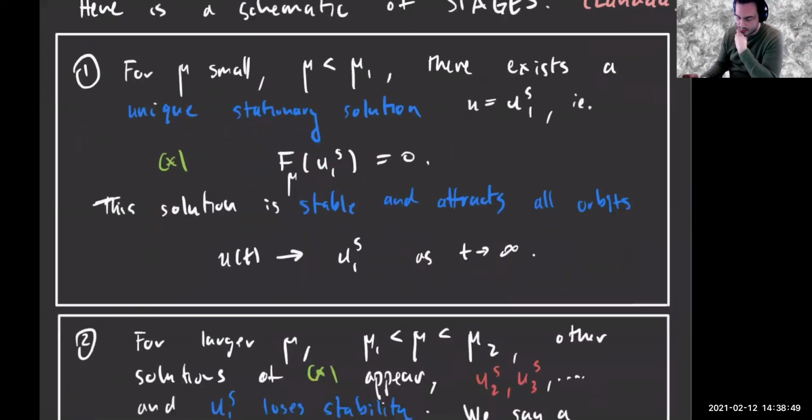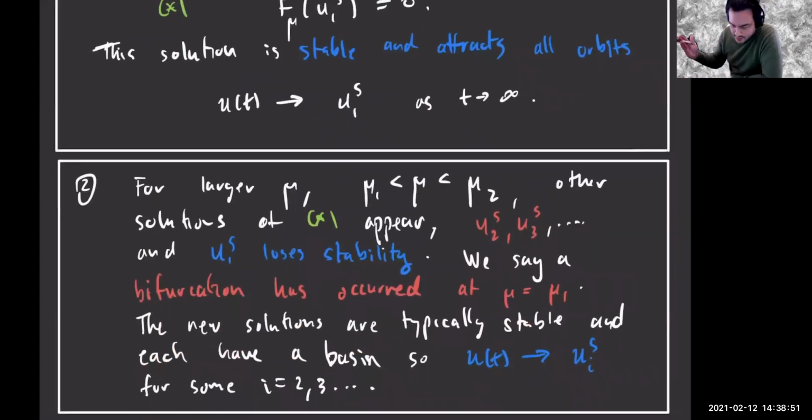Okay. Now, as you increase the value of this parameter mu, maybe there's another range here between mu1 and mu2, say, such that new stationary states of the ODE appear. Let's call them U_S2, U_S3, and so on. In this range, the original stationary state from stage 1 loses its stability and exchanges, in fact, stability with these new guys.